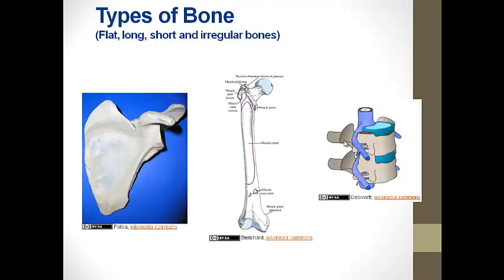Examples of these are the bones of the vertebral column, the small bones of the hand, the bones of the foot, and so forth. And generally, irregular bones just don't have a uniform structure, so they usually have projections, and their shape tends to change in certain places. So they can't really be classified as anything but irregular.